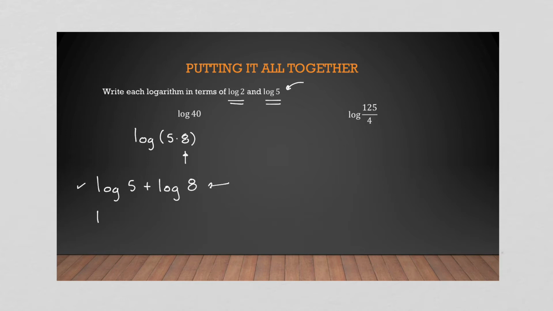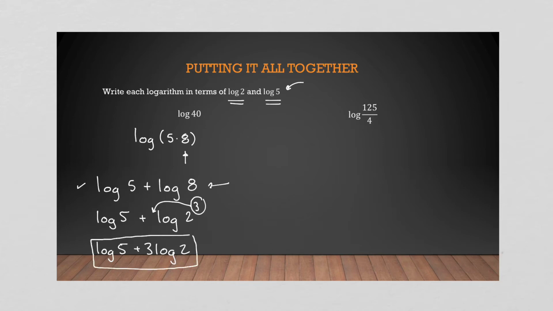But, like I just mentioned, 8 is 2 to the power of 3. So we can do that, and then we use our power rule, and the 3 comes down to the front. So we get log of 5 plus 3 log of 2, and that is the same as log of 40.